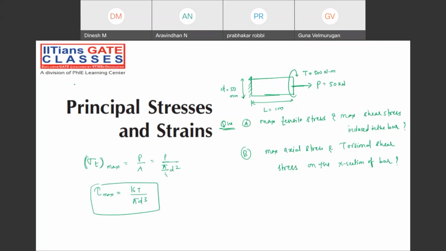See, you know the torsion equation. If not, then we will cover it in the next chapter. T by J equal to tau by R equal to G theta by L. That is my torsional equation.